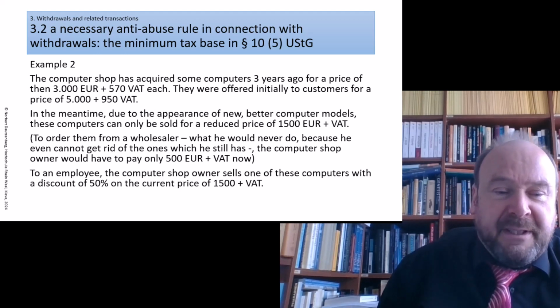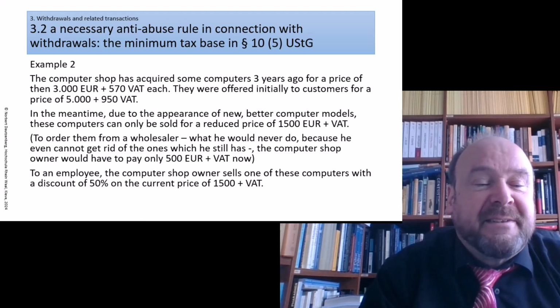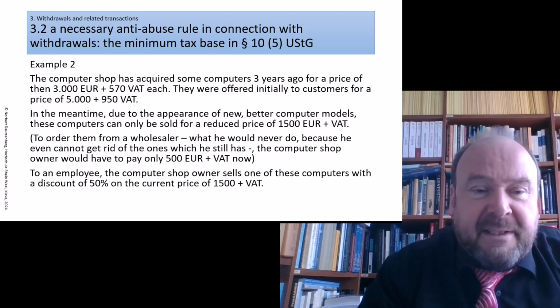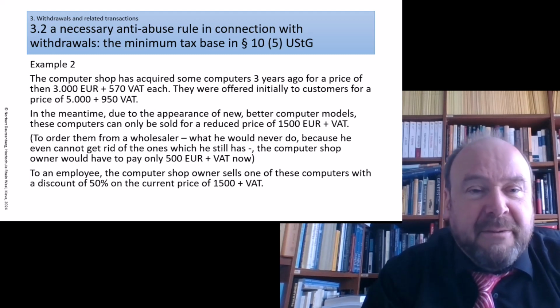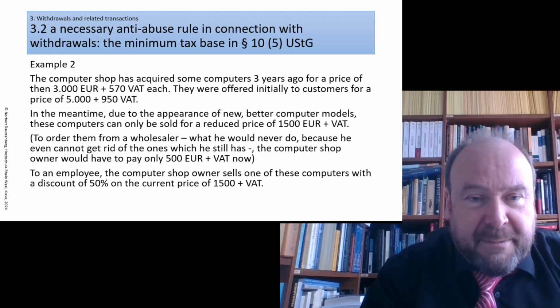Now to an employee, the computer shop owner sells the stuff with a discount of 50% on his current price of 1,500. In that case, we would have a net price of 750 made to the employee. That is under 10.1 the tax base.